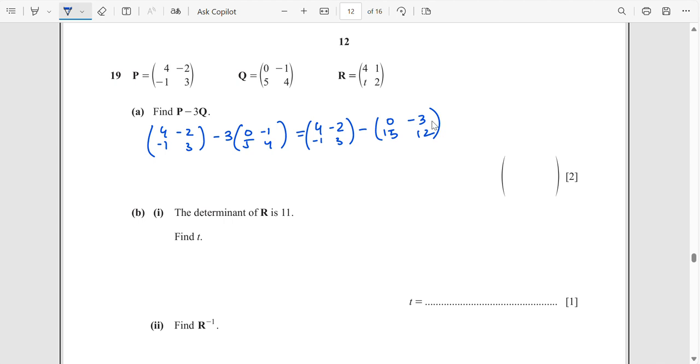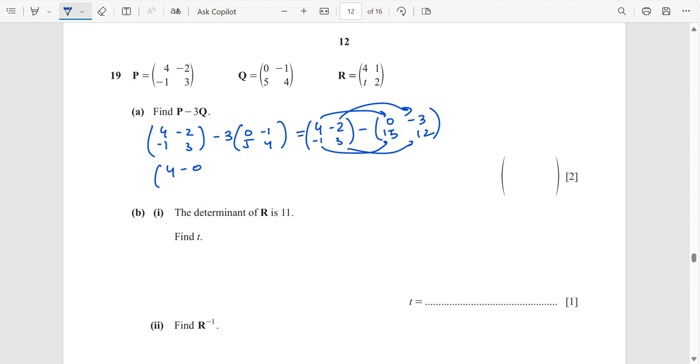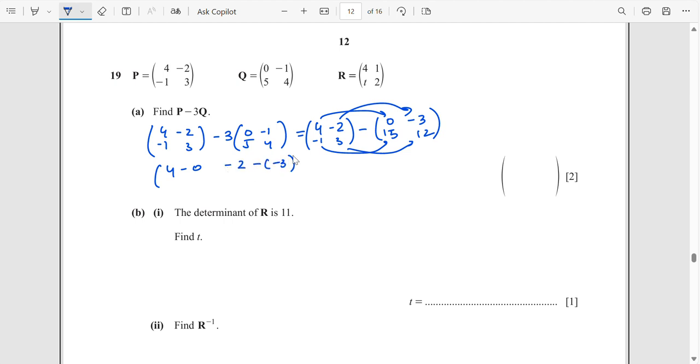Next step would be to subtract these. So 4 minus 0, minus 2 minus 3, minus 1 minus 15, and 3 minus 12.